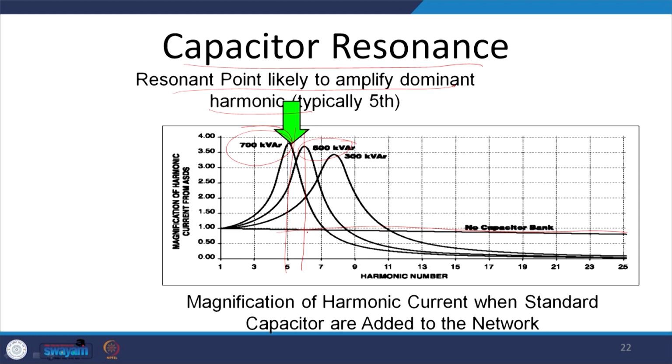Generally, if it is a 3-phase 3-wire system, the 3rd harmonic is not present, so you are safe. And if you increase further, it can be the 8th harmonic. So, if you increase the kVAr compensation, there is a chance that it leads to harmonic resonance, and that will have a lot of detrimental effect on the power system.